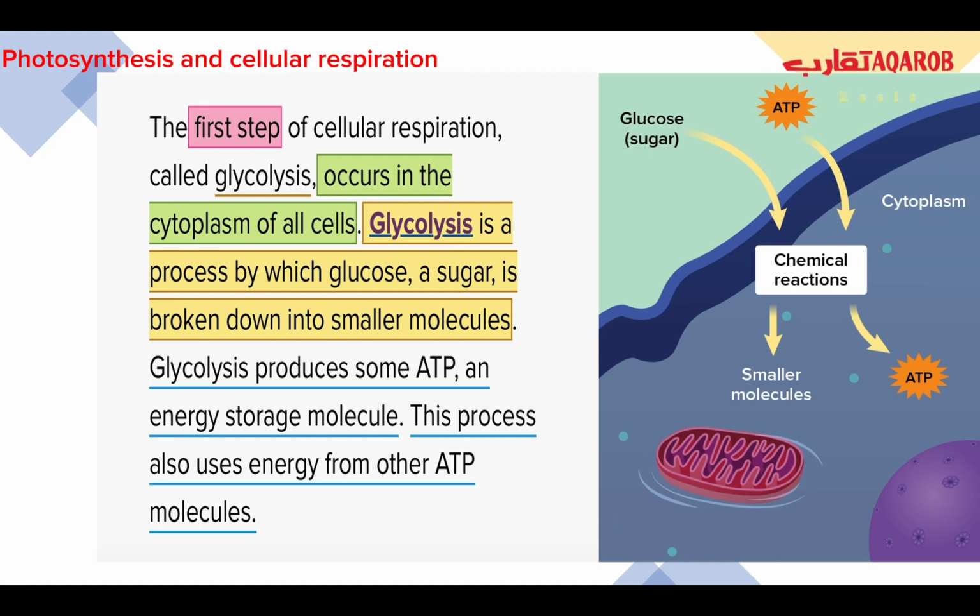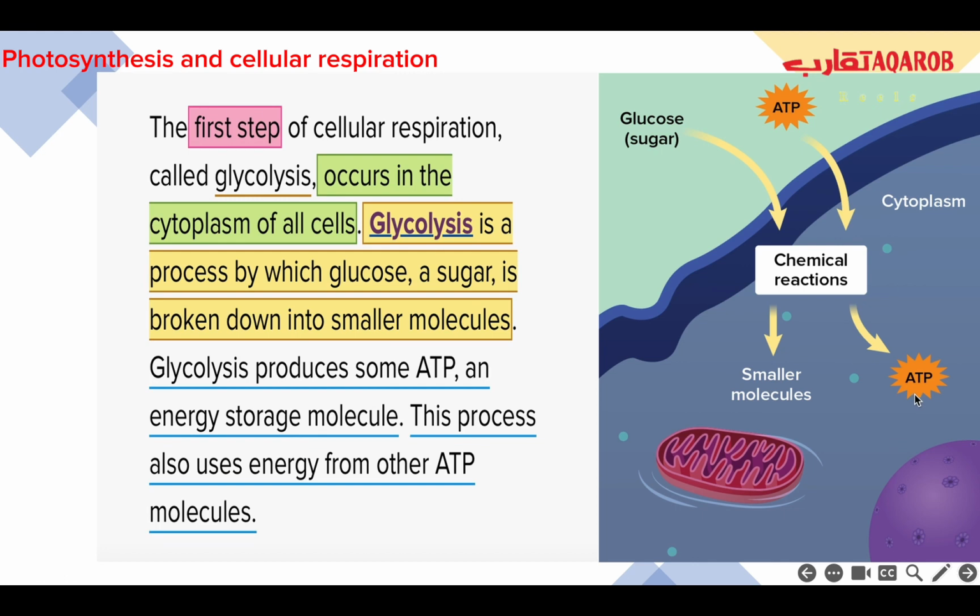What do we mean by glycolysis? Glycolysis is a process by which glucose, a sugar, is broken down into smaller molecules. So glucose is converted to smaller pieces in the cytoplasm. We call this process glycolysis, and this is the first step of cellular respiration. Glycolysis produces some ATP, which is the energy storage molecule.